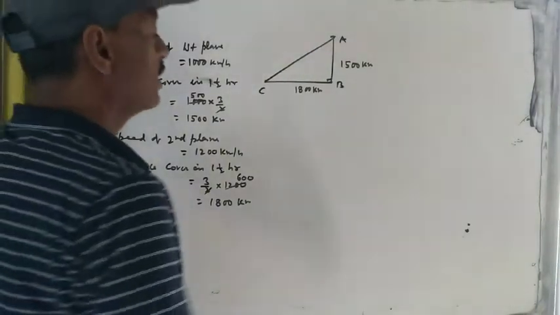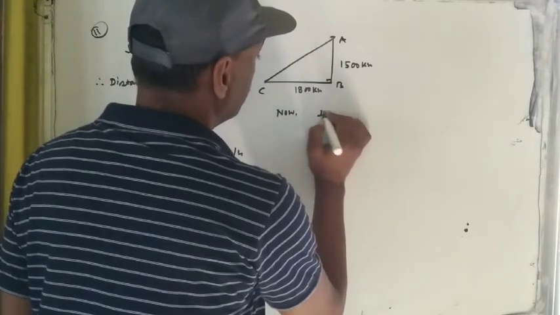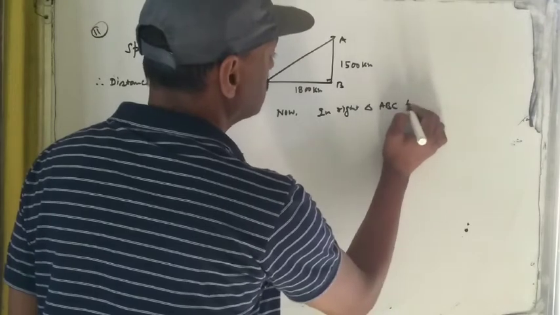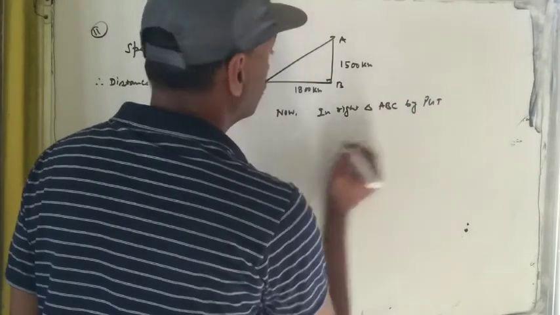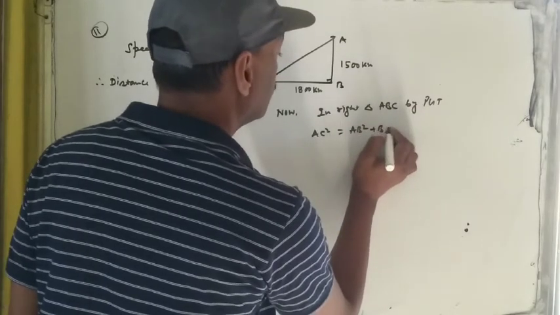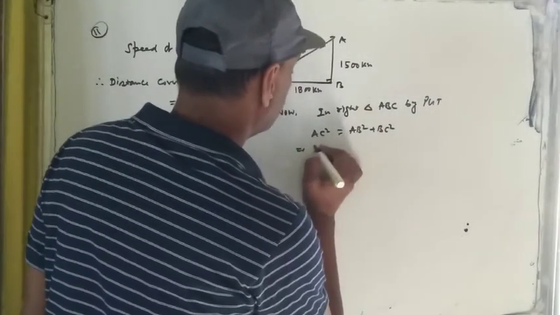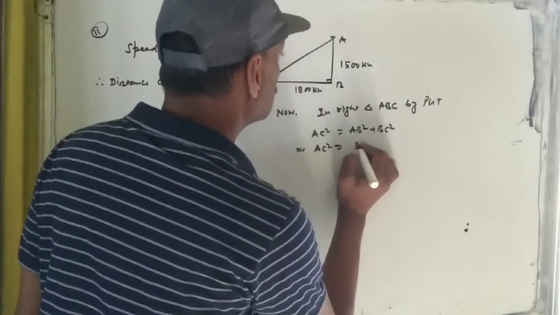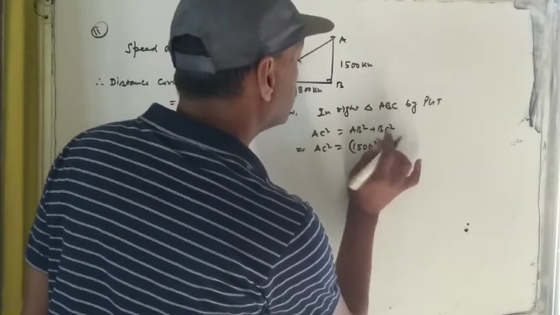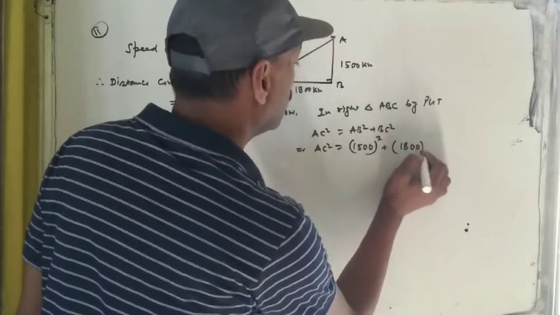Now by using the Pythagoras theorem, in right angle triangle ABC, we can write AC square equal to AB square plus BC square. Just put the values which are given here. So AB square is 1500 square and the second one will be 1800 square.